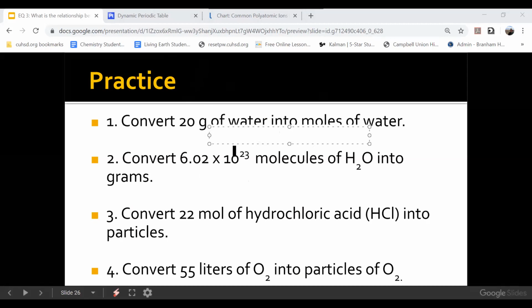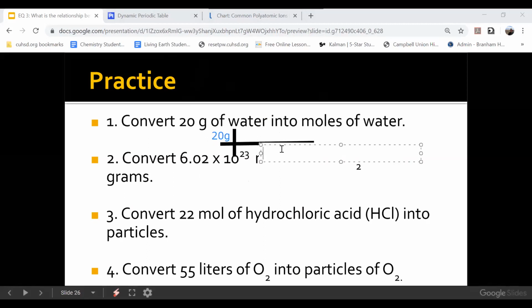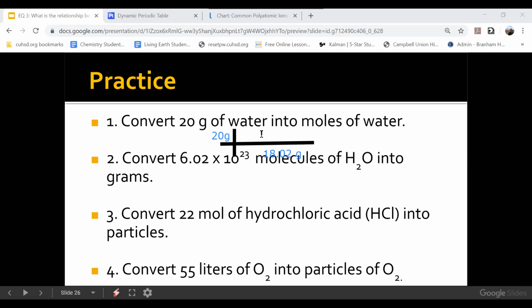So we have 20 grams of water. Water has a molar mass of 18.02 grams for 1 mole. So 1 mole. And this will convert directly into moles. So you're going to have a mole in every single one of these.